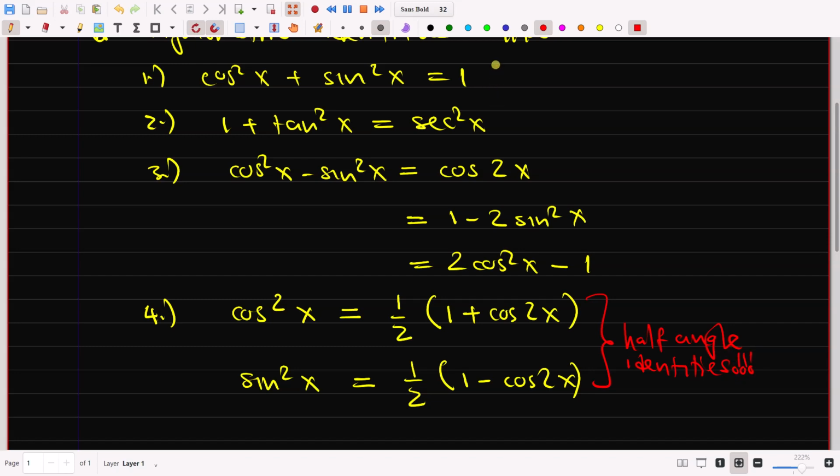These results, which we refer to as the quadratic identities, and the ones that we have stated here, are the identities that you will actually require quite often whenever you're dealing with challenging integral problems.